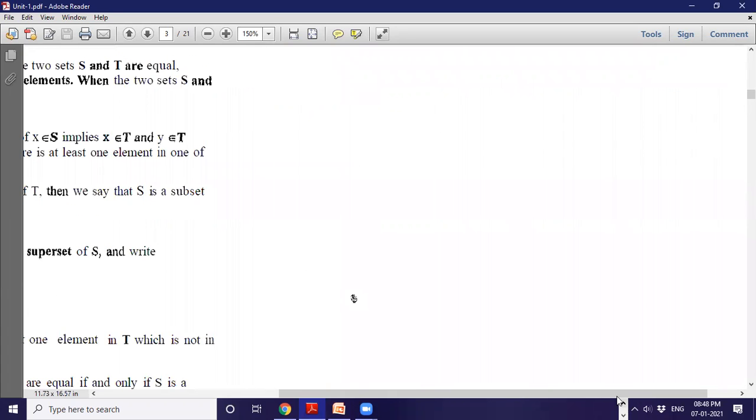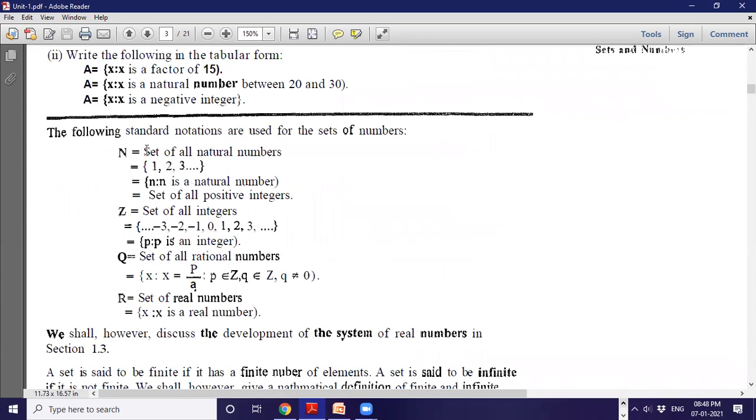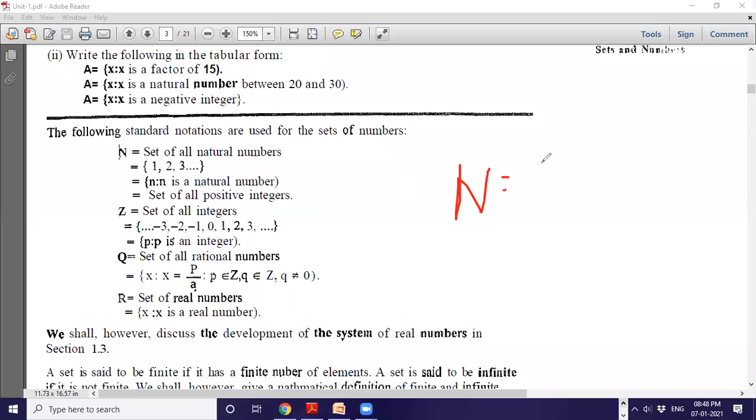ठीक है, ये करने के लिए फिर से एक बार recall करिए आप लोग. Just recall the set of natural numbers. You know, natural numbers are what? 1, 2, 3. Yes. Then set of integers is what?